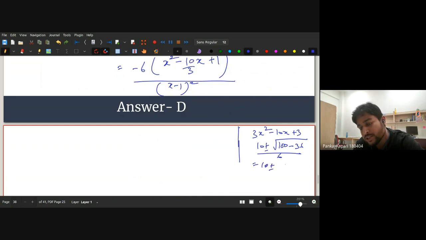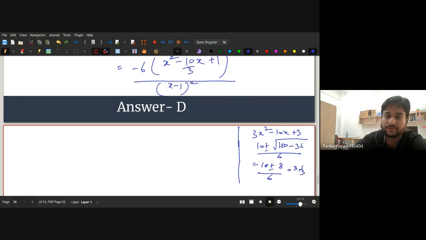So 100 − 36 is 64. The square root is 8, divided by 6. So I have two roots: 10 + 8 is 18 by 6, and 18 by 6 is 3, and 10 − 8 is 2 by 6, which is 1 by 3.